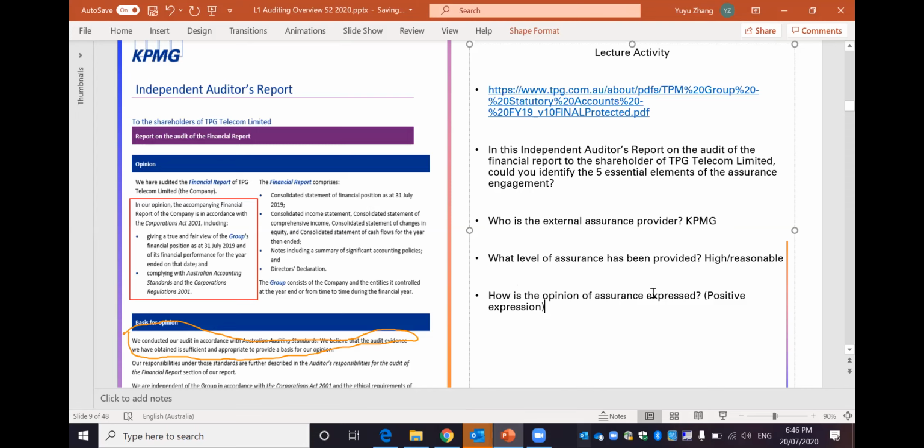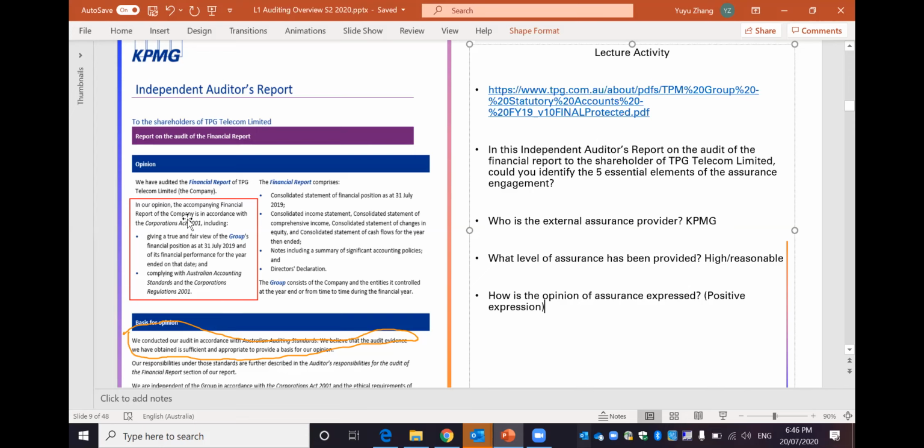How is the opinion of the assurance expressed? That the reports give a true and fair view of the company. Okay, so it's here.